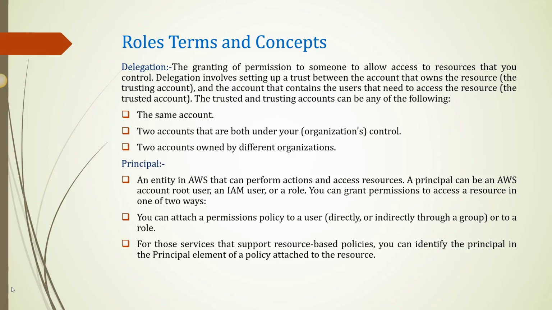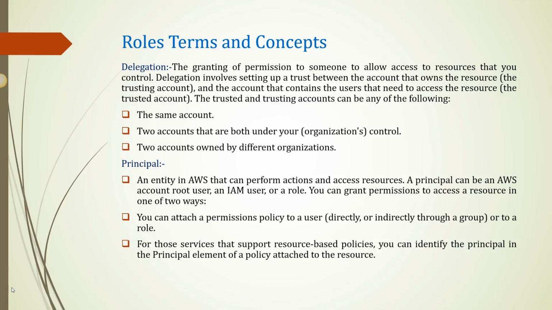Now let's talk about principal. An entity in AWS that performs action and accesses resources. A principal can be an AWS account root user, an IAM user, or a role. You can grant permission to access the resource in one of two ways.